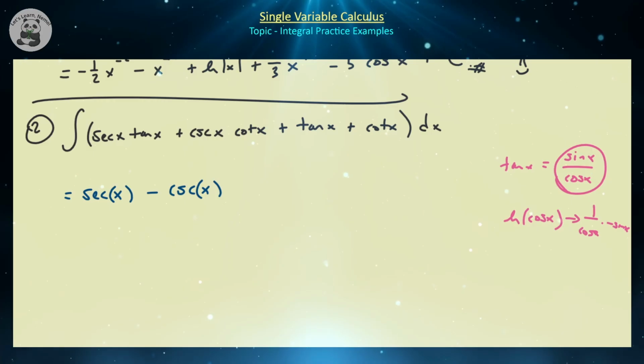So that actually gives us a reasonable thought for the antiderivative of tangent. So that's actually going to be equal to minus the natural log of the absolute value of cosine.